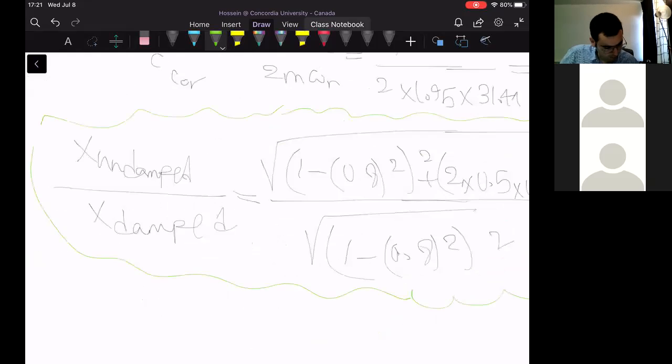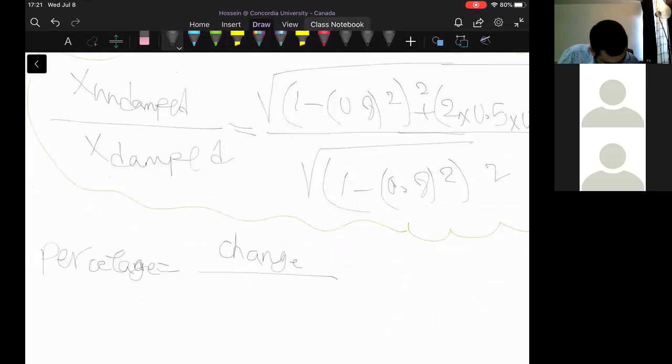So if I want to calculate the percentage increase, it is the change over the initial value multiplied by 100.